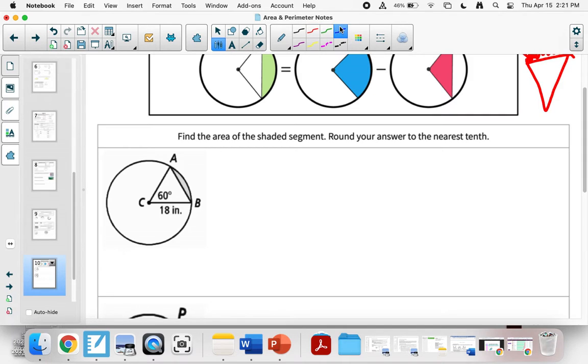First thing we're going to do is find the area of a sector. To do that, we have our formula: x over 360 times pi r squared. In this case, what's my x, my angle measure?